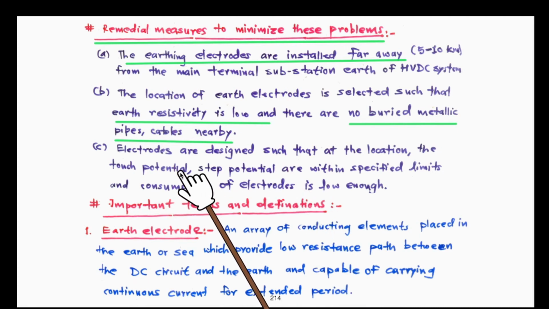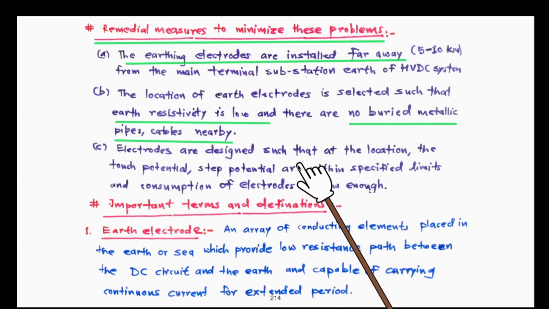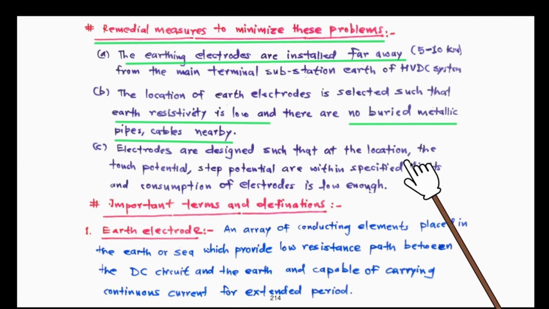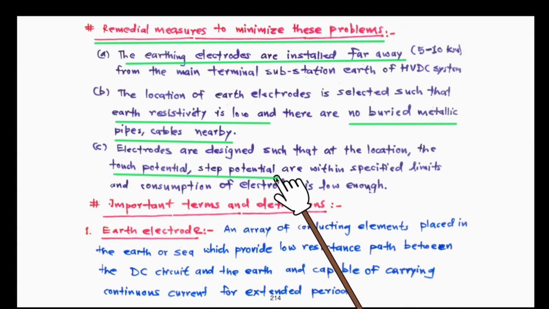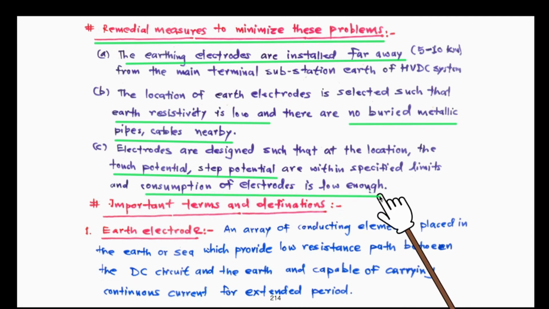Then next, the electrodes are designed such that at the location the touch potential and step potential are within the specified limits, and consumption of electrode material is low. Let me give you an idea of what touch potential and step potential are.